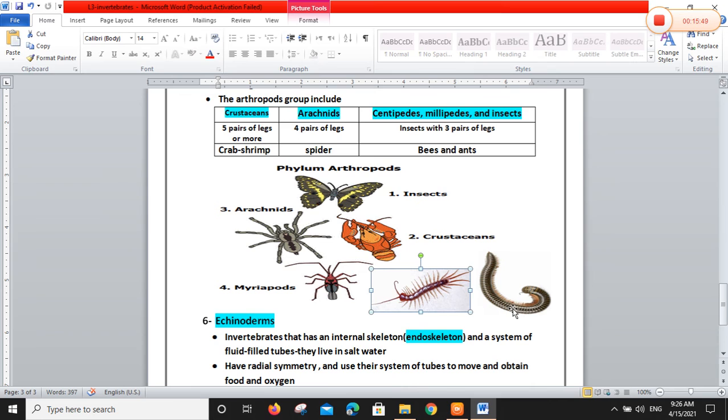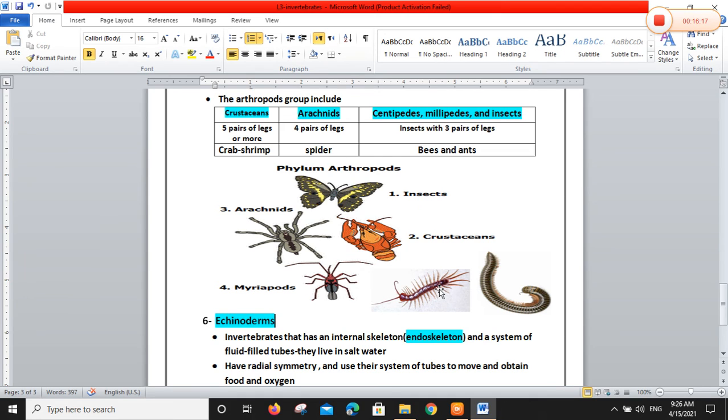Look at the picture of it. Look at a lot, thousands or hundreds of legs, or appendages. And this one has more than 5 pairs, a lot of pairs of legs. All arthropods also have bilateral symmetry.